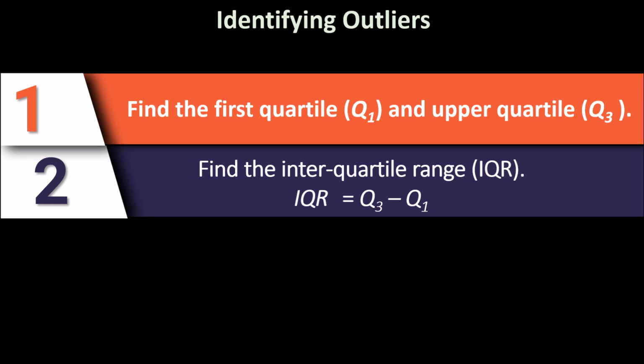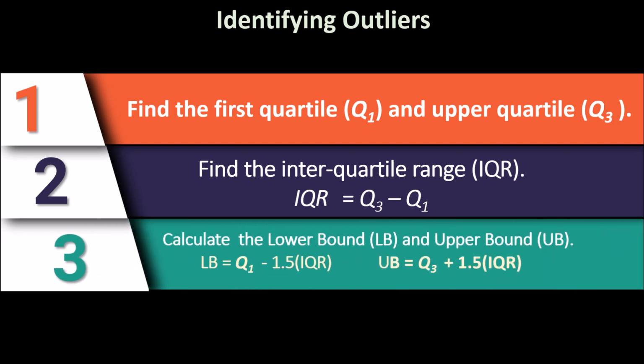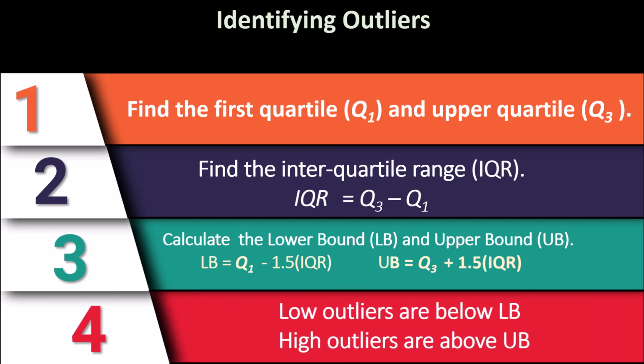We know IQR is Q3 minus Q1. Then step 3, we need to calculate the lower bound, Q1 minus 1.5 times IQR, and the upper bound, Q3 plus 1.5 times IQR. Then any observations below the lower bound and any observations above the upper bound are outliers.